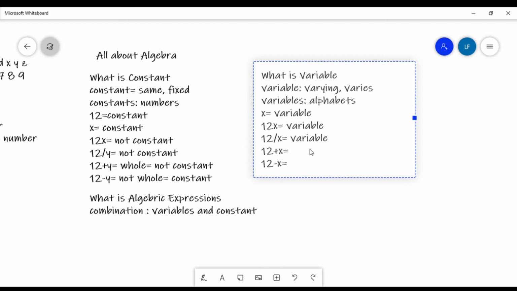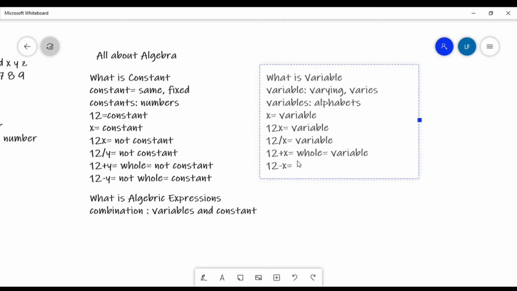If the question leads you to believe that 12 plus x is a whole, like this 12 plus x is one number, then it means that 12 plus x is a variable.